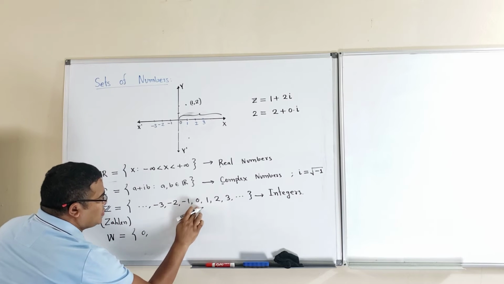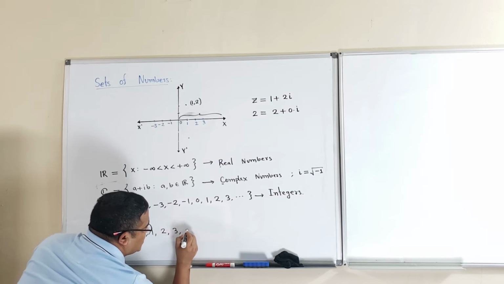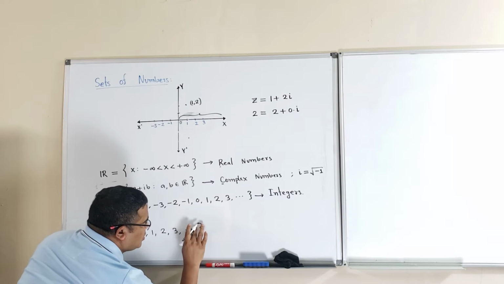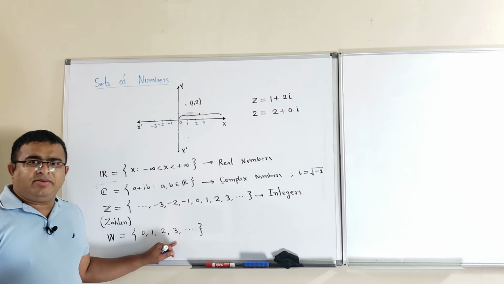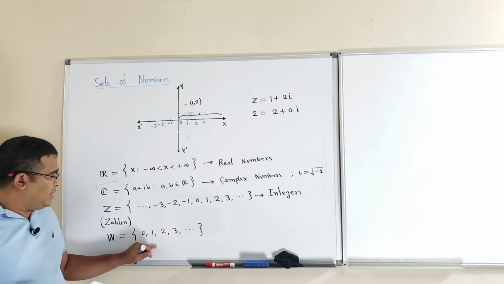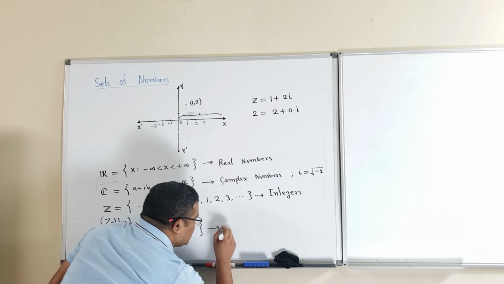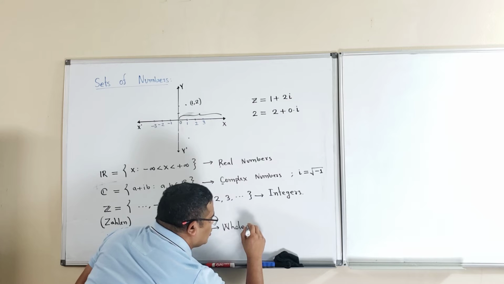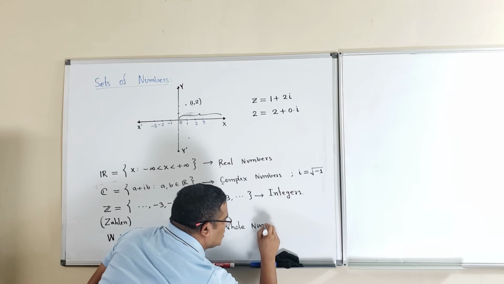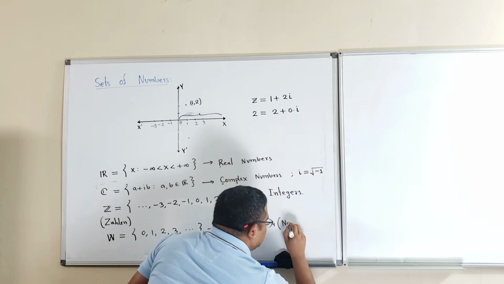If you take 0, then 1, 2, 3 and it keeps going, those numbers are non-negative integers, and they have a special name, which is called whole numbers. But these are non-negative integers.